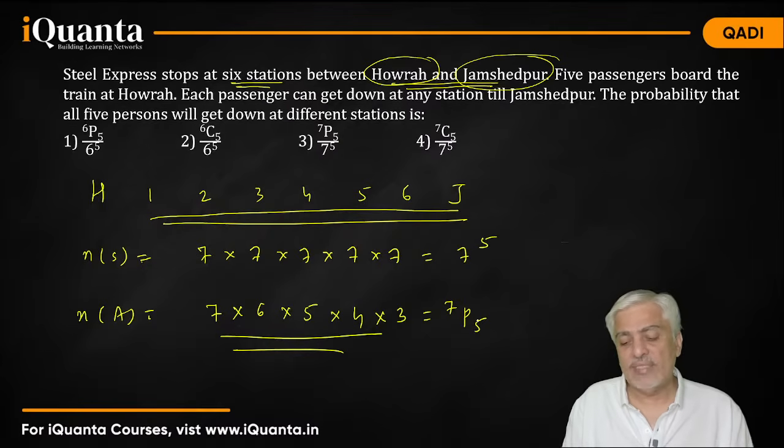Depending on how it was asked to you, you can write the answer in a different format. It can also be 7 into 6 into 5 into 4 into 3.